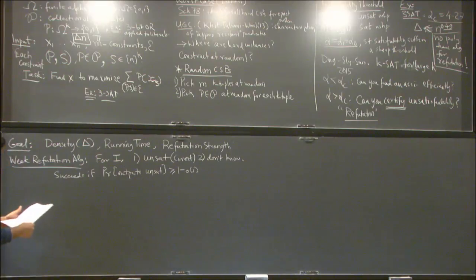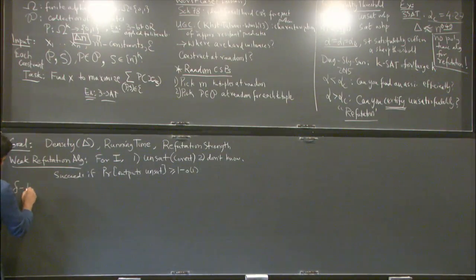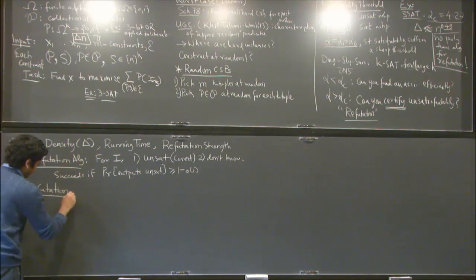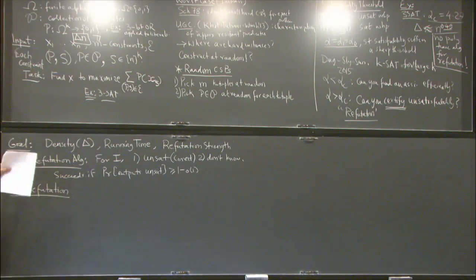Great. But there is a stronger variant of this refutation, which I think is nicer to study, and Feige himself makes the point about this in his paper. I'm going to come to it. I'm going to define a delta refutation, which is a generalization of this.